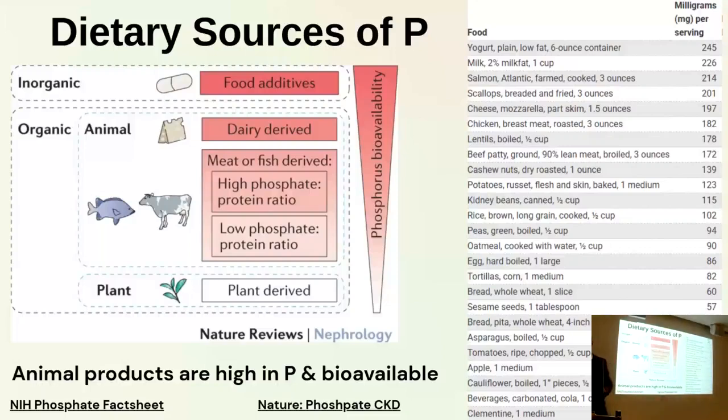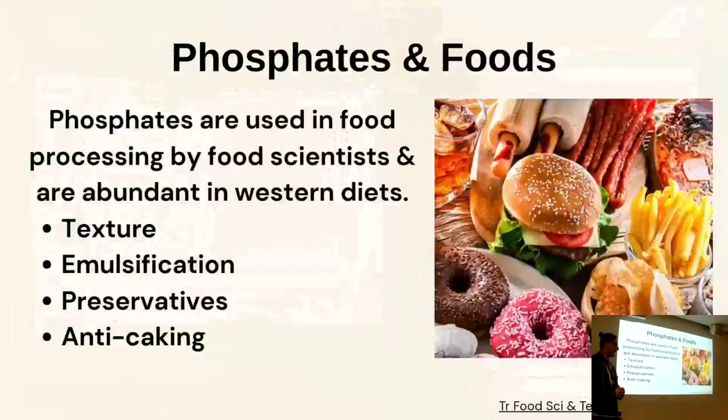And given that we know we consume too much ultra-processed foods, phosphates are used for texture, to emulsify things, as preservatives, as anti-caking agents, right? So it's abundant in our diet, and it's not really an issue in terms of us consuming enough phosphates.